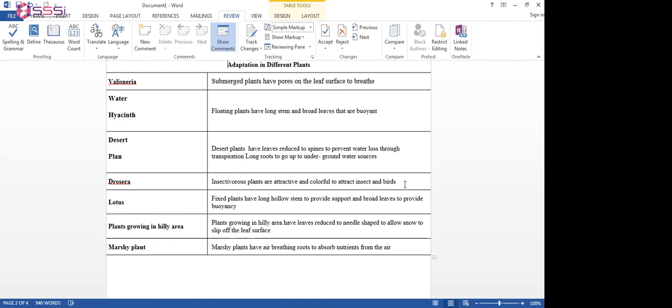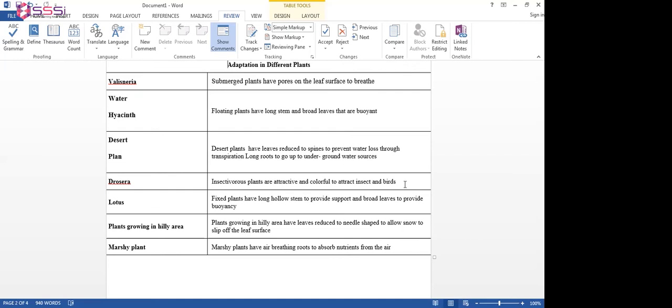Next is lotus. So the fixed plants have long hollow stem.